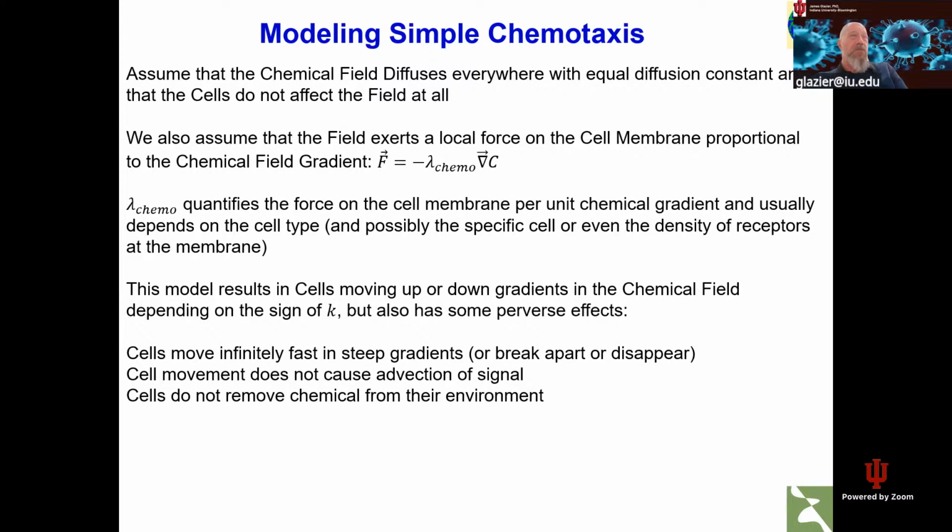If the target volume was too small compared to the target surface, the cells would break up or they'd freeze, these kinds of things. We have to be aware that when we use these very simple approximations to chemotaxis, we can get some artifacts, some incorrect results. Again, that's not to say you couldn't start with the simple one and see how well it works, but you have to be aware that it can fail.